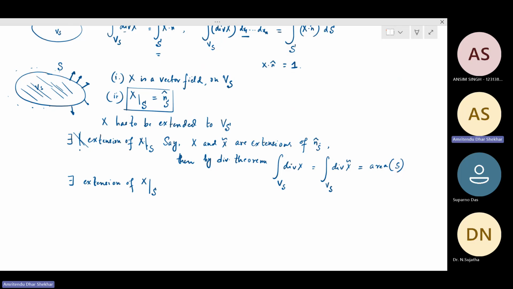Well, I mean, this can be a little bit tricky to prove, that indeed an extension can be found. But I have to invoke one particular result, which is strictly not within the scope of the course.